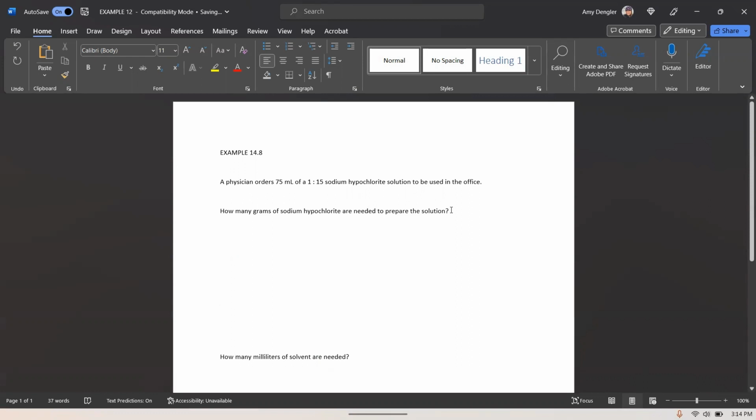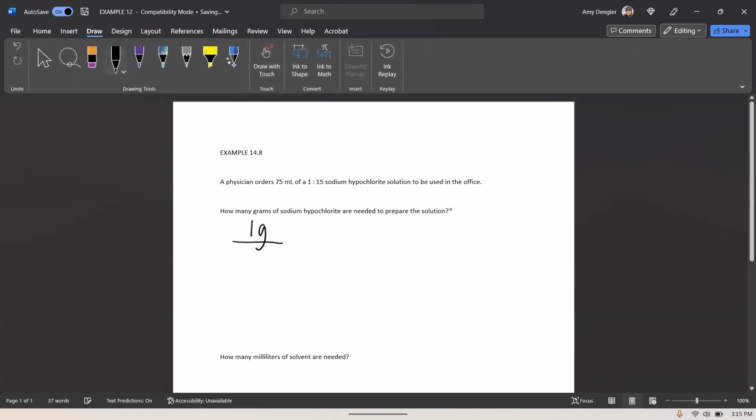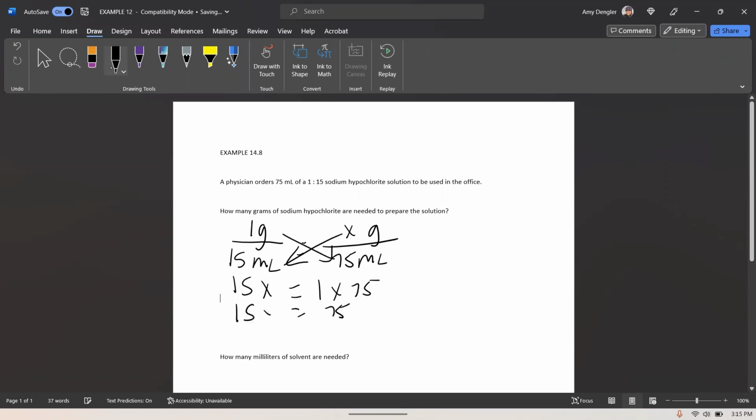All right, so the sodium hypochlorite is really 1 gram over 15 ml. And we have 75 ml. How many grams are needed? So we would do 15x is equal to 1 times 75, which is just 75.